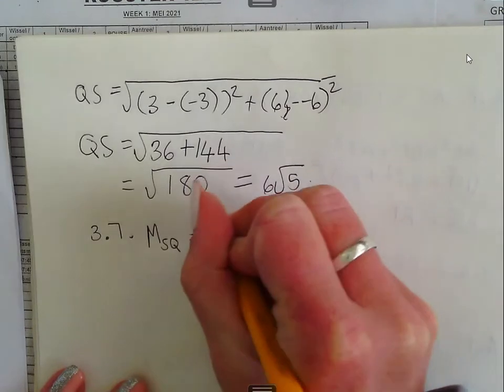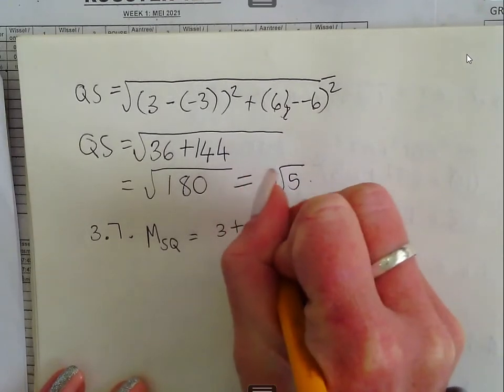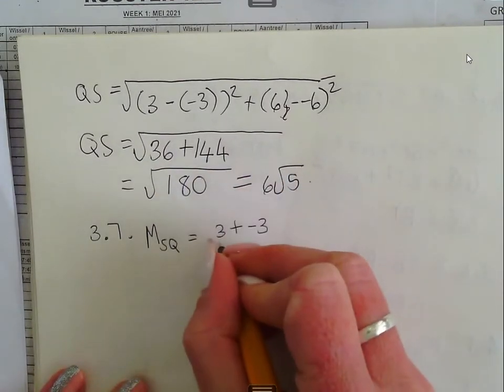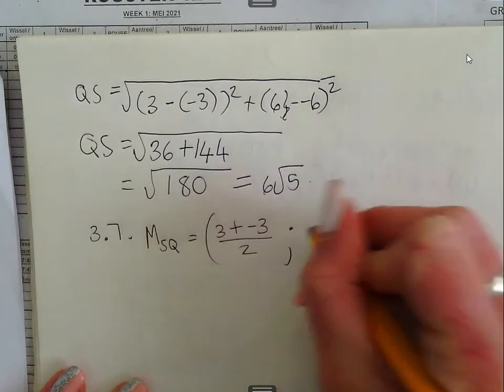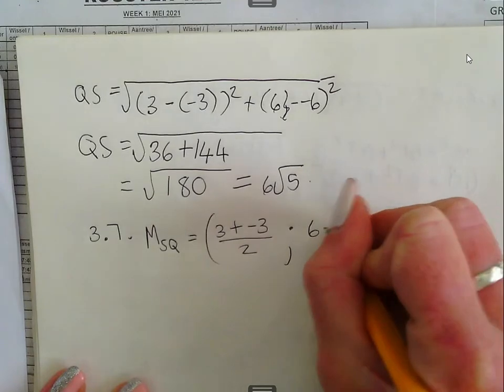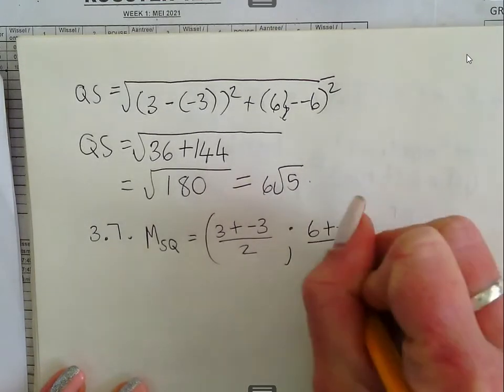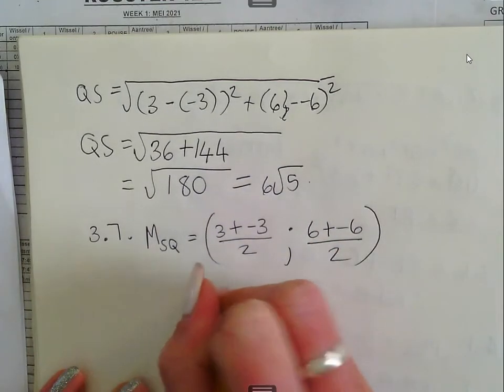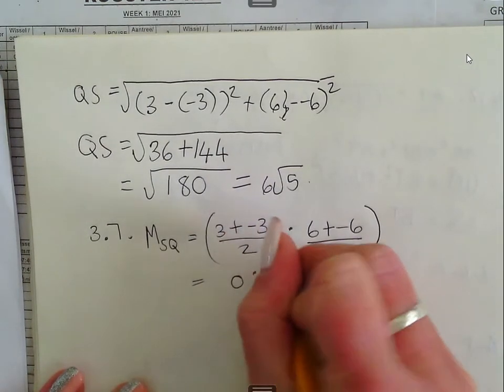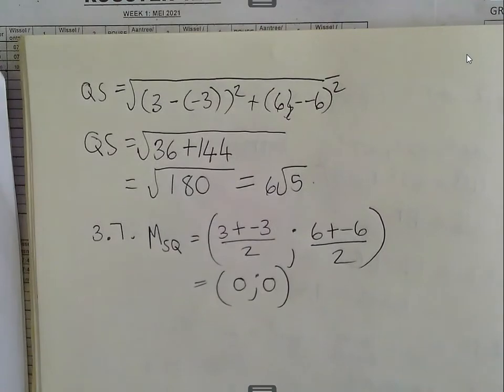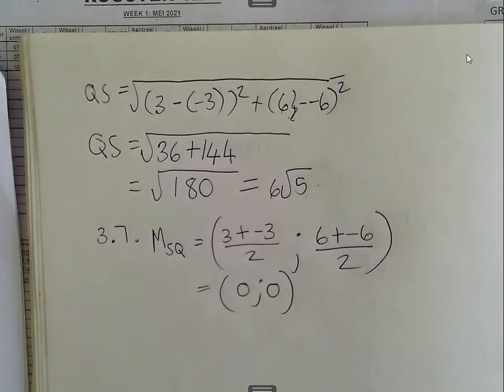It's going to be 3 plus -3 divided by 2, and then also 6 plus -6 divided by 2, and therefore my midpoint is going to be equal to 0 and 0. That means the midpoint is at the origin.